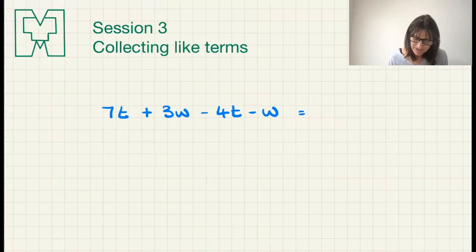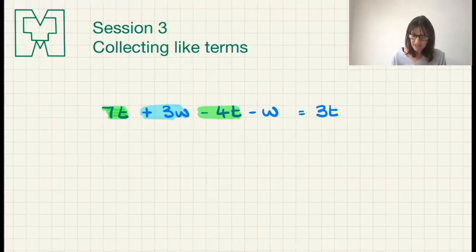Okay, so let's have a little look. We've got 7 t's, and here are my other t's. I've got 4 of them, and I'm being directed to take away. 7 take 4 is 3. So I've got 3 t's. I just said 3, so it's positive. And when I look at my w's, I've got 3. They are positive 3.